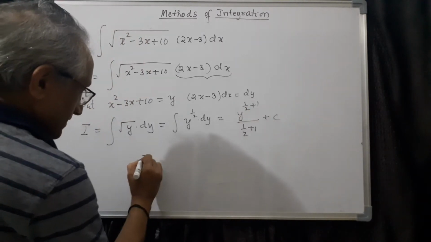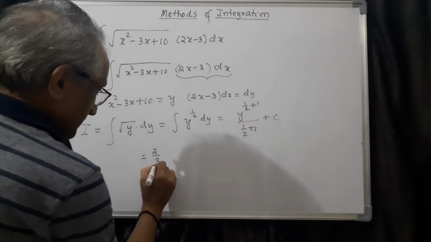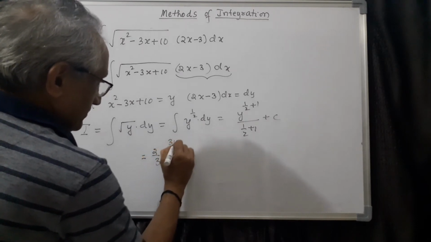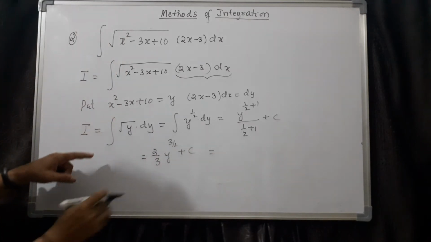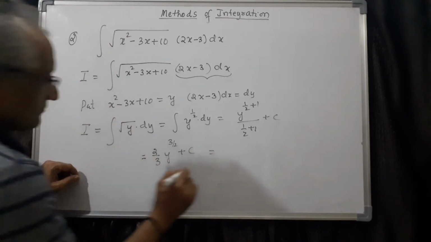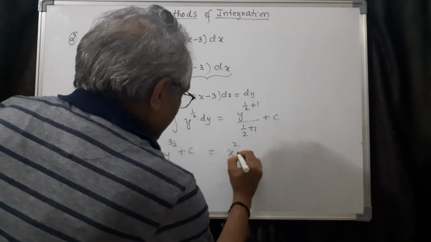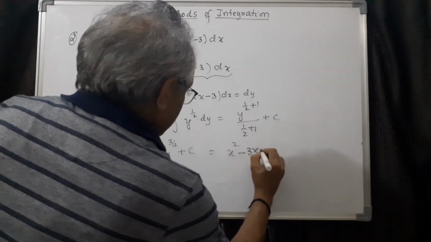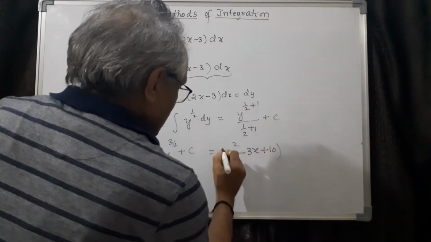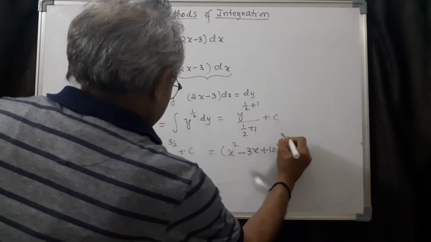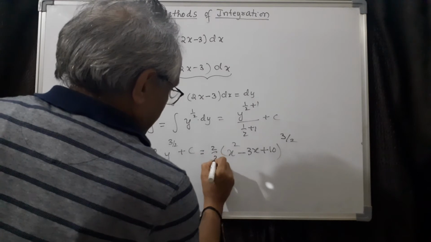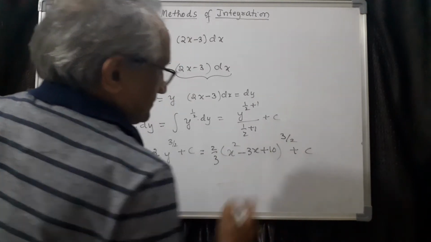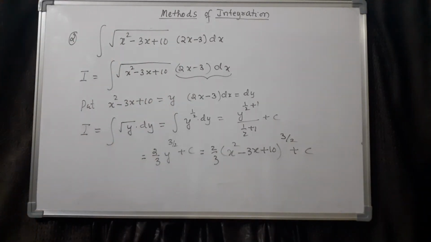Of course, you can write this as 2 by 3 y power 3 by 2 plus c. Then last, you have to substitute y. Therefore, it is 2 by 3 times x square minus 3x plus 10 to the power 3 by 2, plus c. So this is the integration.